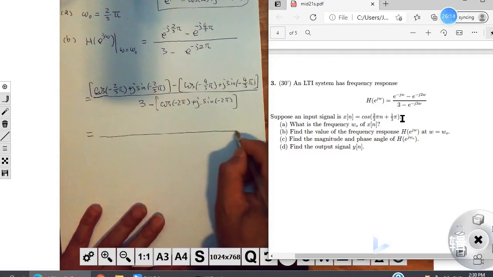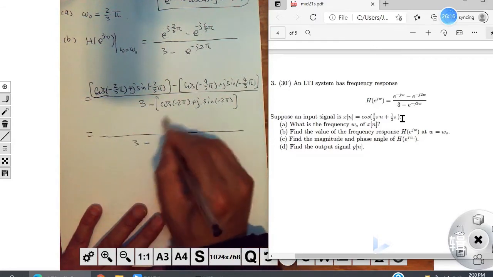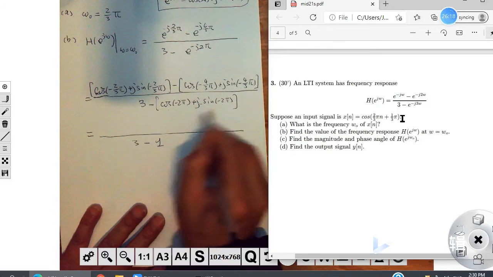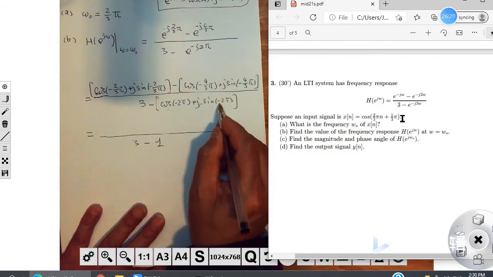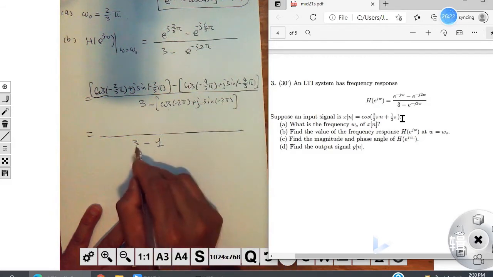So the denominator is 3 minus, this is just 1, minus 1, and this is 0. Sine of negative 2 pi is 0, so it's just 3 minus 1.